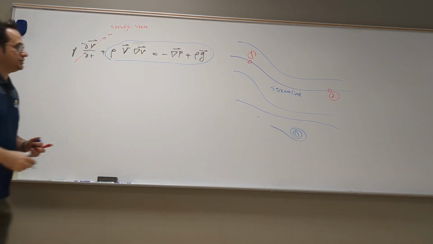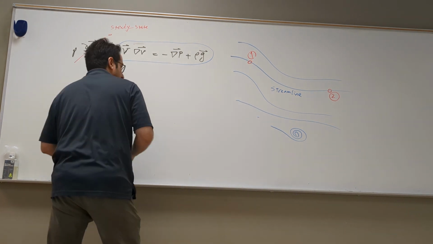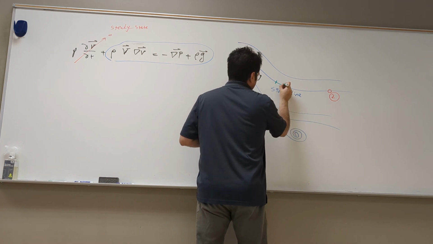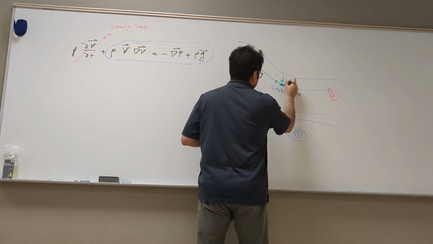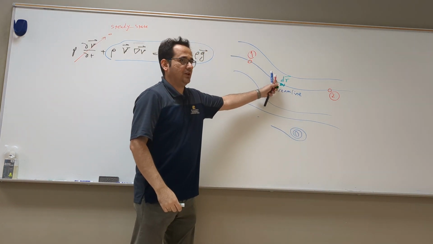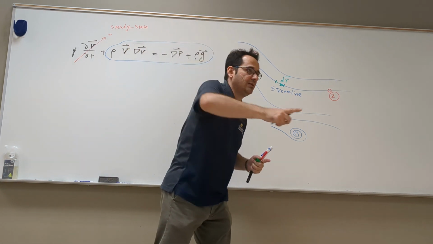Also pay attention: if you take the streamline and take an infinitesimal segment with magnitude dr, this is also a vector. It's not just magnitude, it also has i, j, k components. In 3D the streamline is like this.